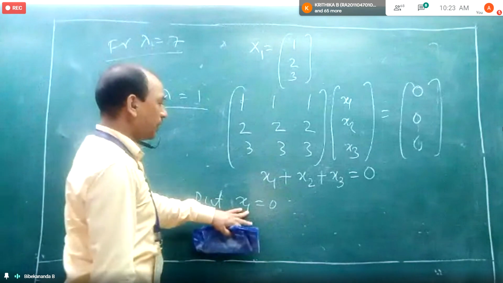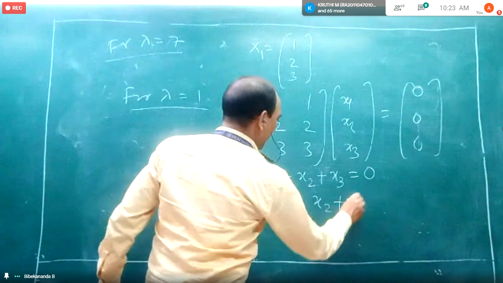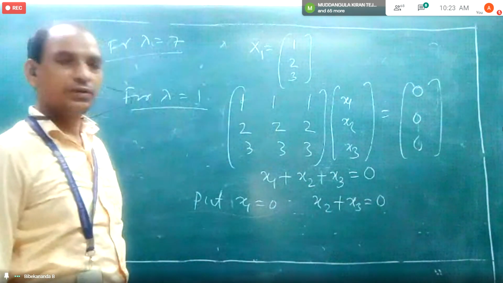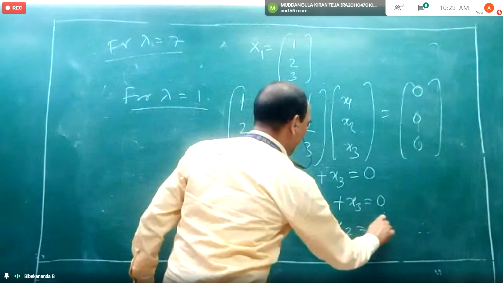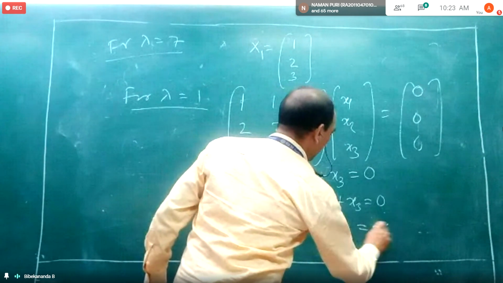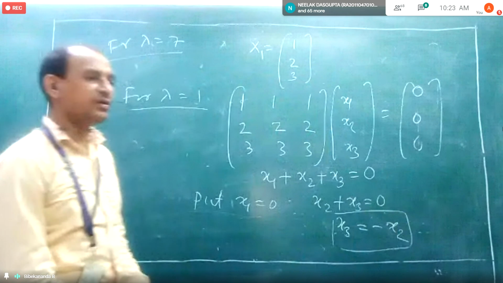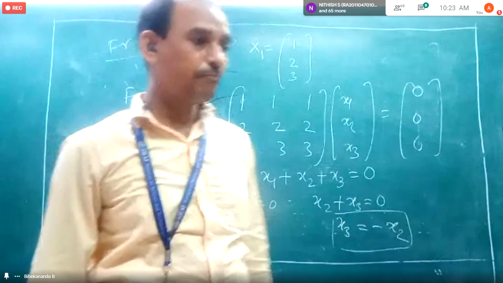So if I put x1 equal to 0, what remains? x2 plus x3 equal to 0. From this we can have x2 equal to minus x3, or x3 equal to minus x2. So from this expression, which one is the free variable?